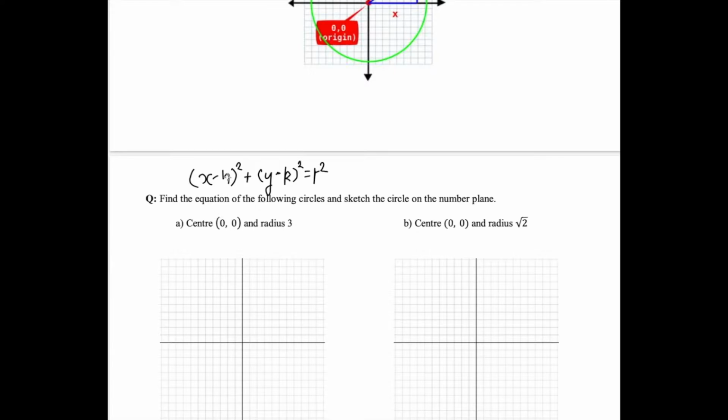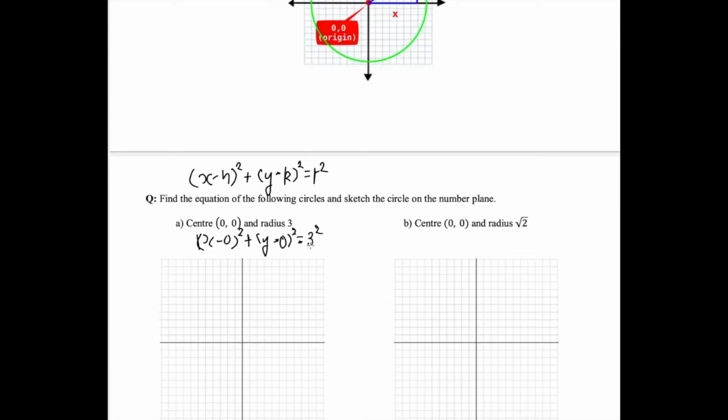So in this case, H is 0, right? And K is 0. So we can write this as X minus 0 squared plus Y minus 0 squared, because the Y coordinate is also 0, is equal to 3 squared, right?